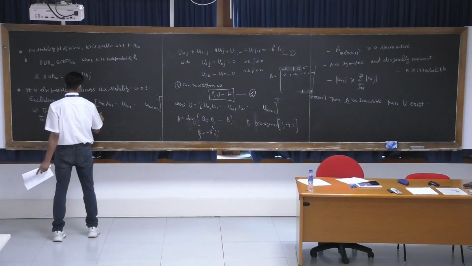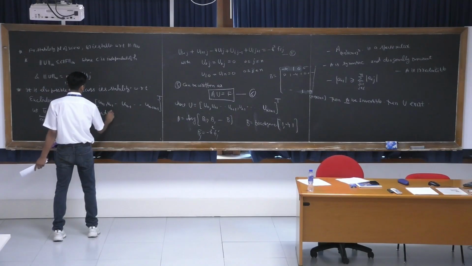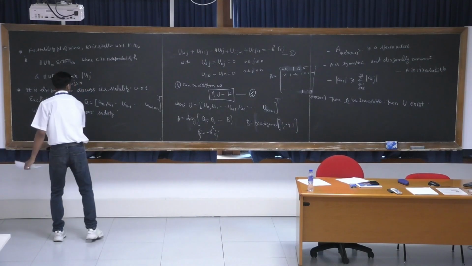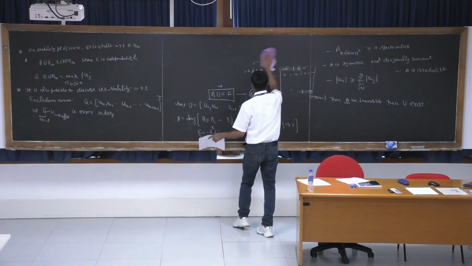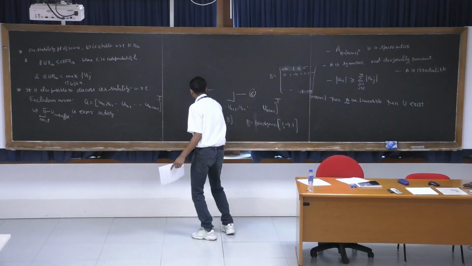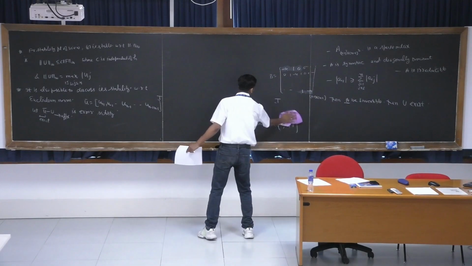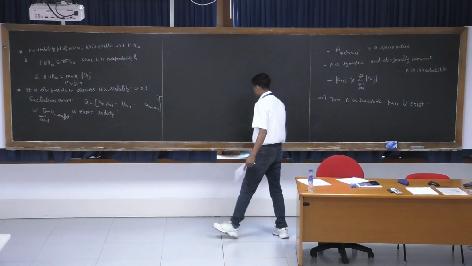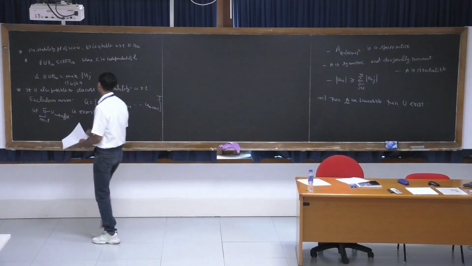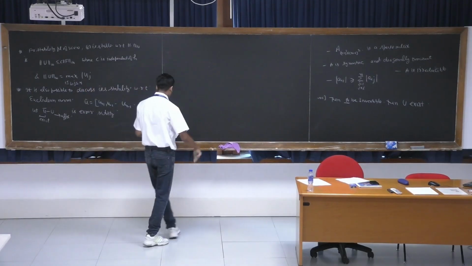Let this be the error, which satisfies this. You can say u bar is also a solution and capital U is the approximate solution, so obviously this is the error here, and the error can be bounded.